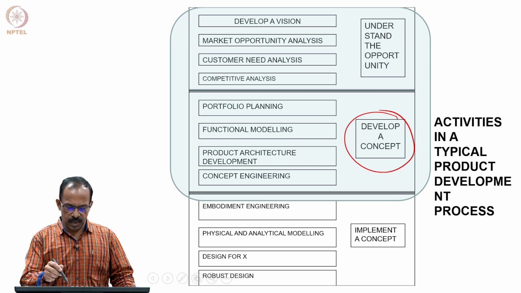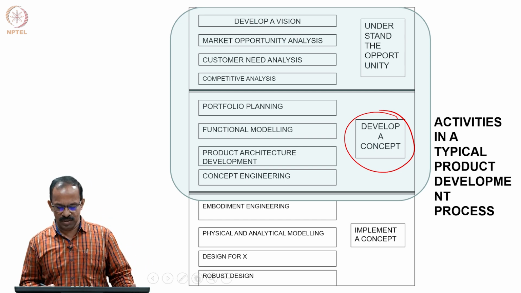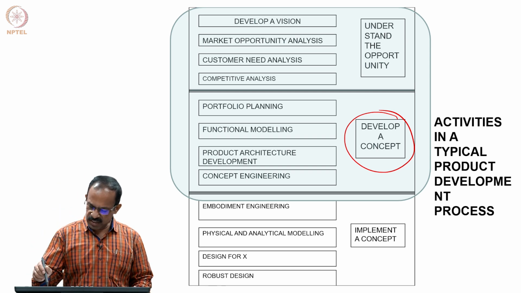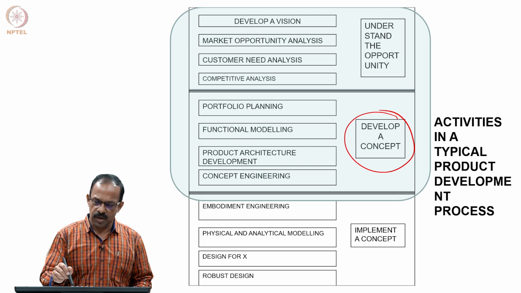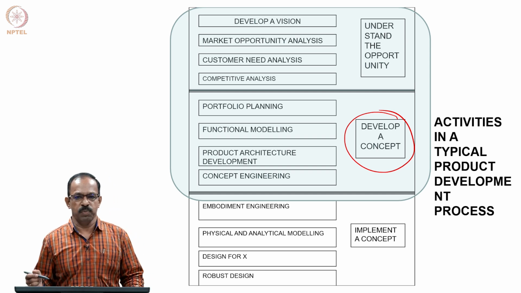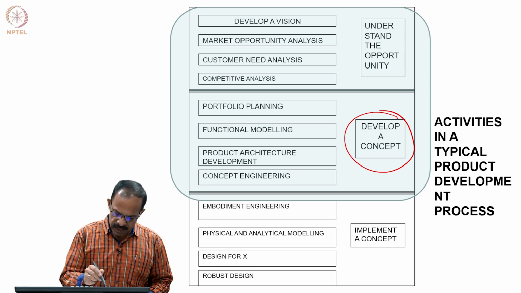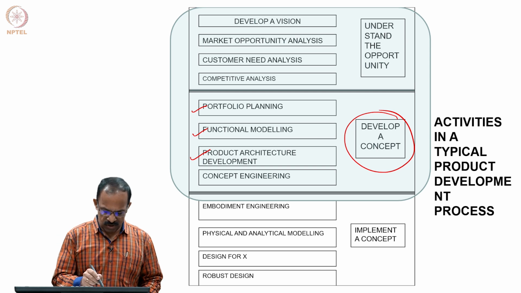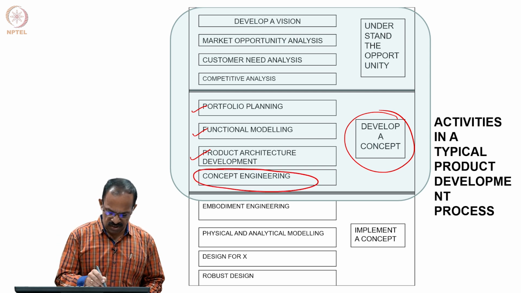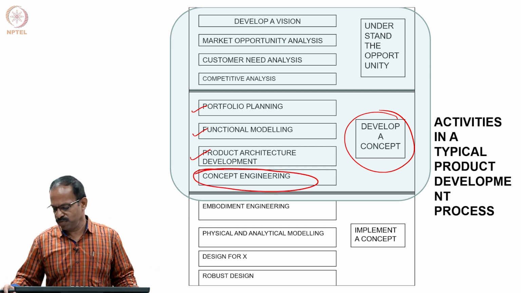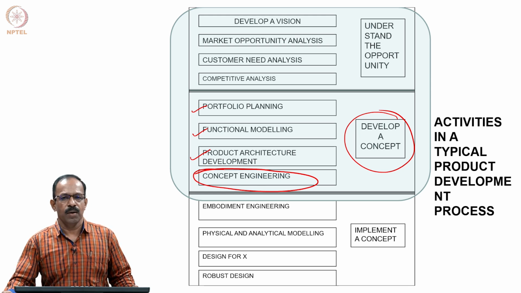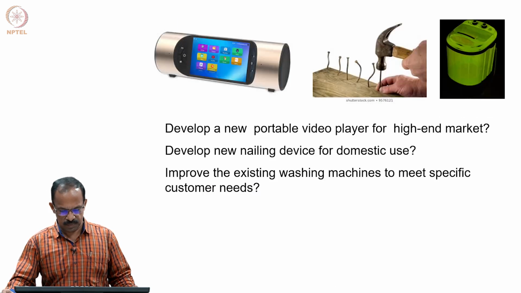So, we are in the develop a concept stage, and there we mentioned the activities needed to see what the product should be. Now, we have completed functional modeling and product architecture. So, the last one is the concept engineering. So, we are at this stage of concept engineering in the product development.